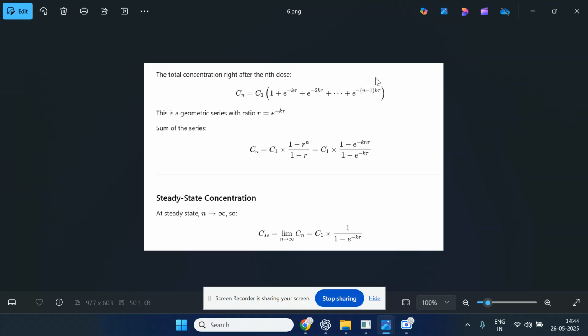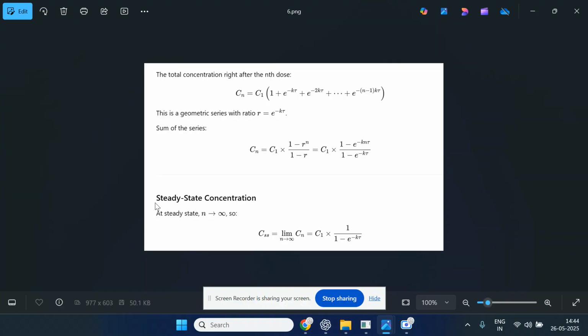This first term is coming from the last dose, and the last term from the first dose. This is a geometric series with ratio r equal to e to the power minus kT. If you sum up this series, you will get Cn equals C1 into 1 minus e to the power minus nkT over 1 minus e to the power minus kT.